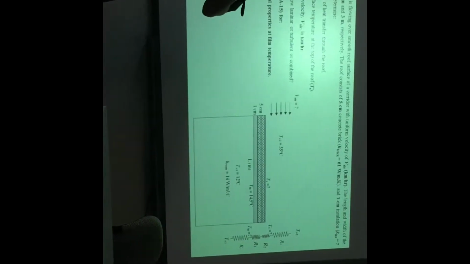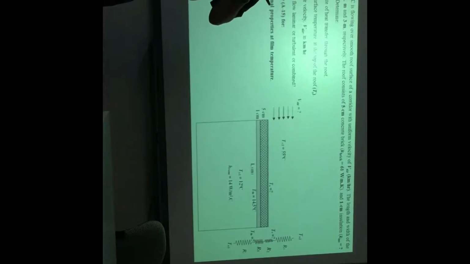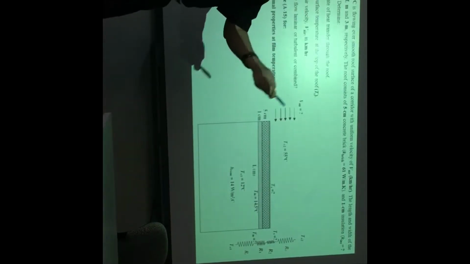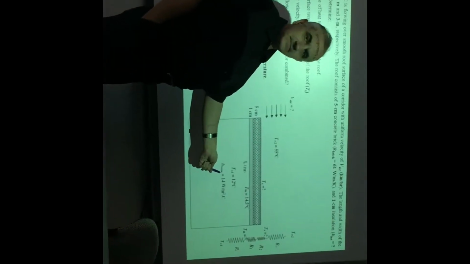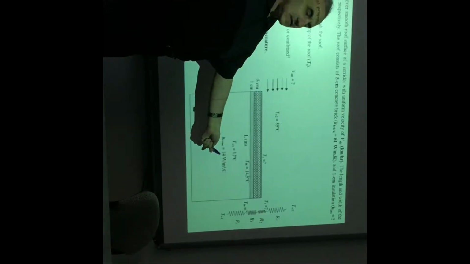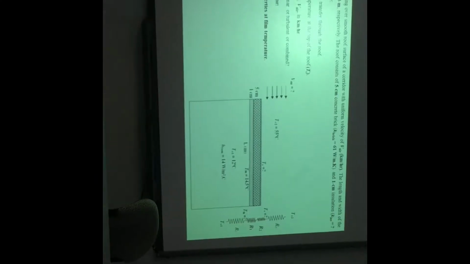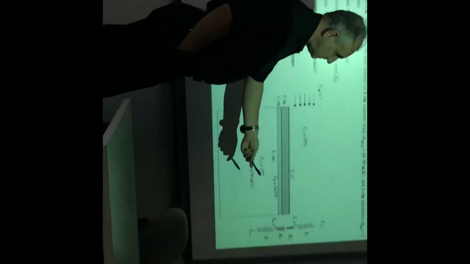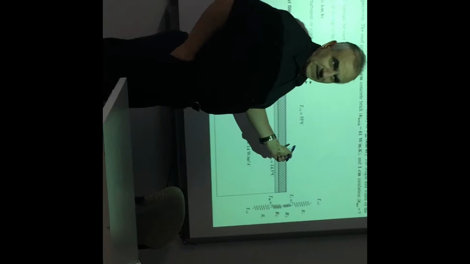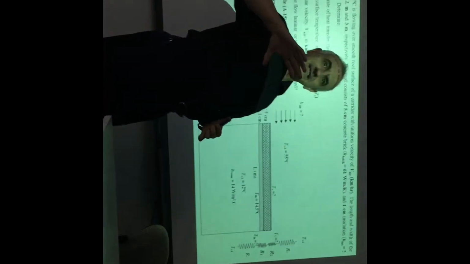For convection, you need the convection heat transfer coefficient, h. For inside, there is h of room. For outside, it's not given. So now we have one missing data, and you cannot find Q using the total resistance because you missed some data. So you have to find another way.